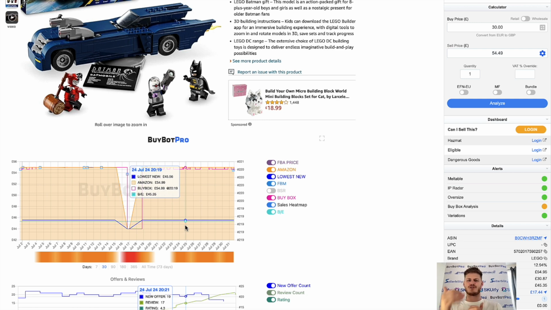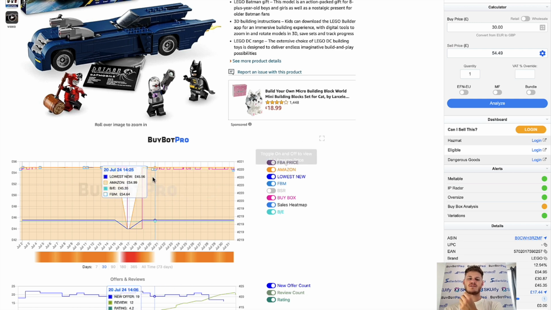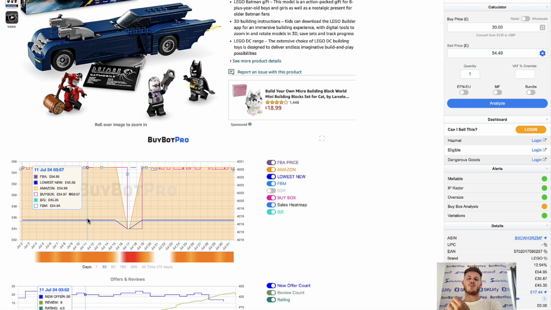We don't go to all this trouble just to make pennies, or sell for our break even or for a loss. So this just helps you see and visualize how everything else is moving in line with our break even. I mean, really, you don't want any of the pricing to be near your price, just in case that sways the buy box to move towards that kind of pricing.